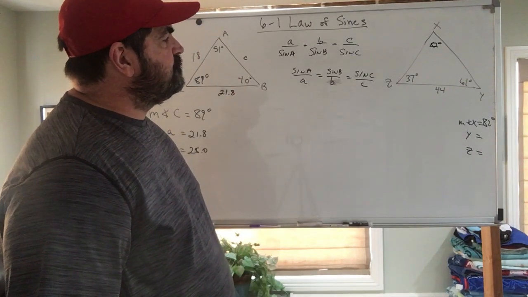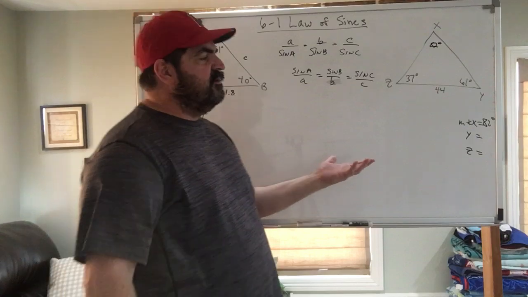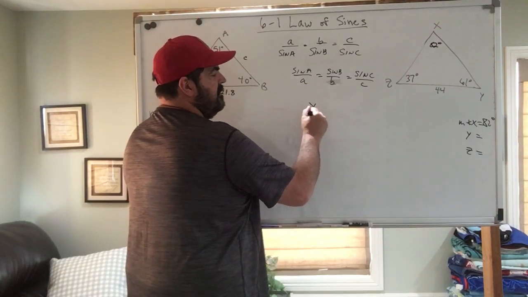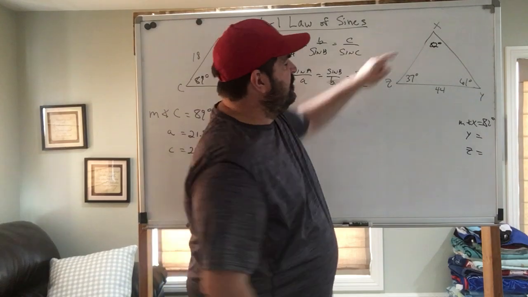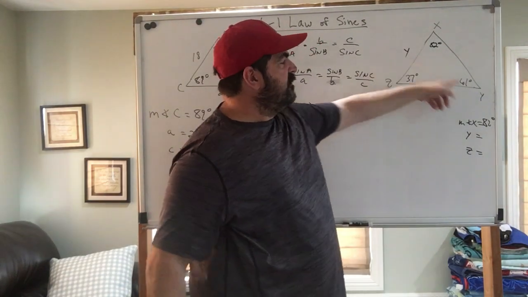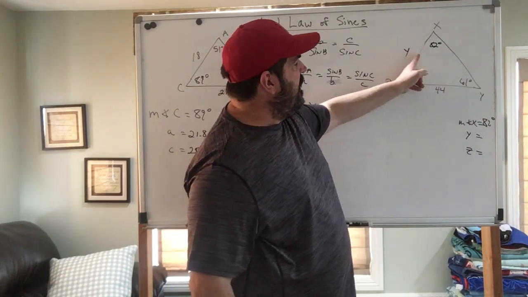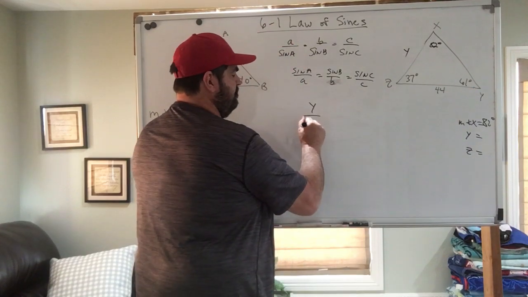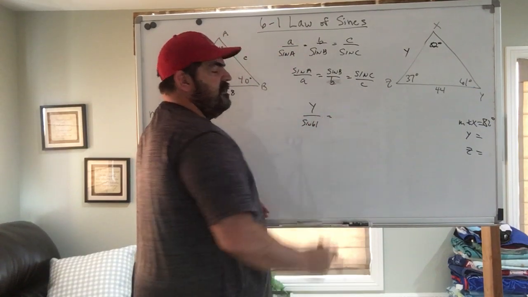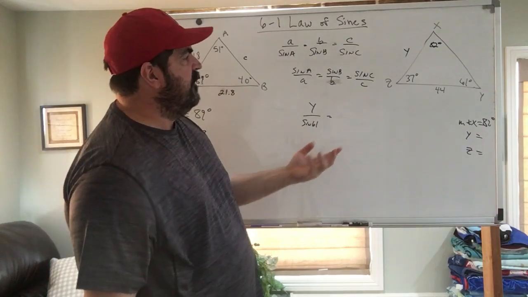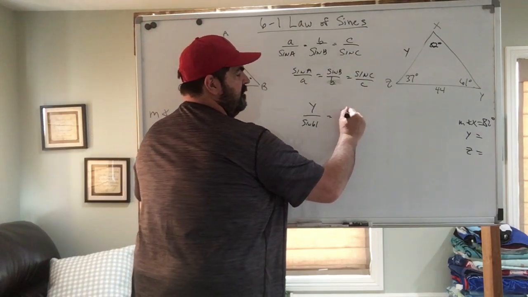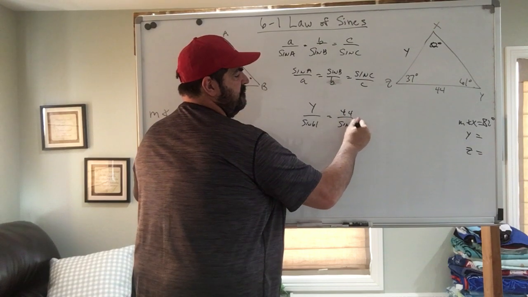So now I can find either Z or Y. It doesn't matter which one you want to do. Let's go ahead and find Y. Side Y is always across from angle Y. Y over the sine of the angle that's across from it, sine of 61. And you have to use something you know. The only one I know is the 44 over sine of 82.